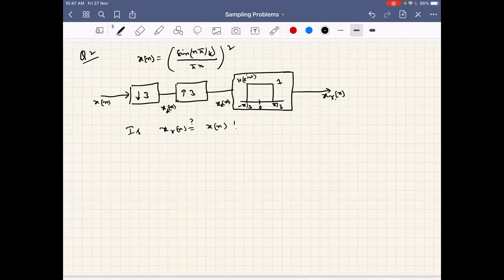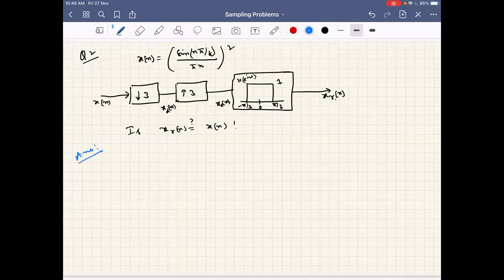Yeah, Pradeep, will you tell now? We have to see that there is no aliasing when we do downsampling, sir. Okay, fine, good. But how do I see it? Your answer is correct.